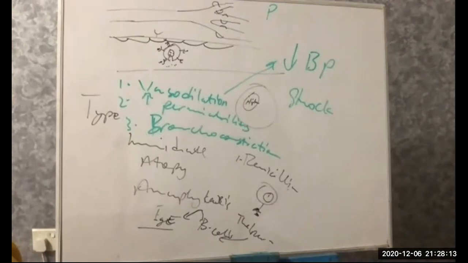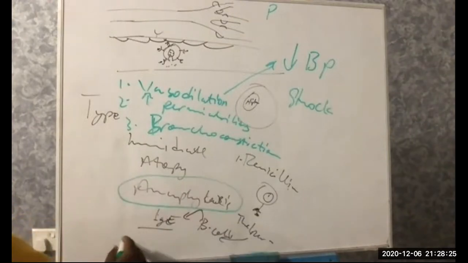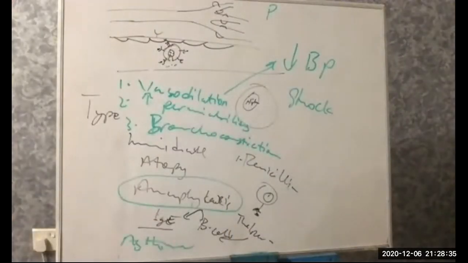All right, so it is type 1 hypersensitivity. An example is anaphylaxis. Even people with asthma still undergo this type 1 hypersensitivity, atopy and stuff like that, and rhinitis.